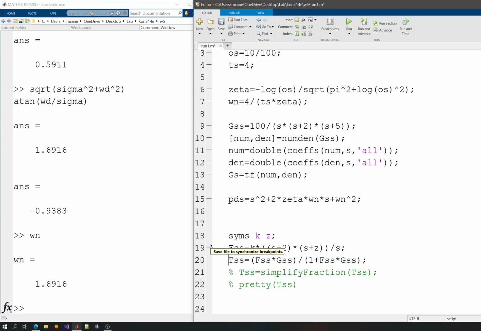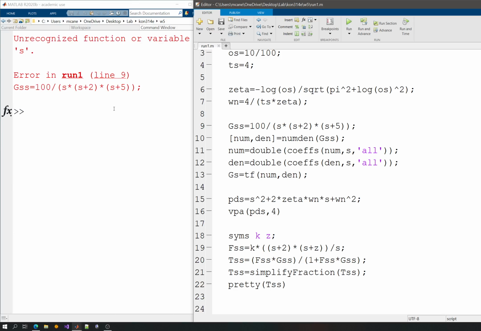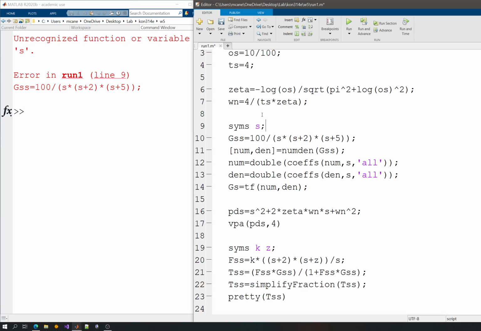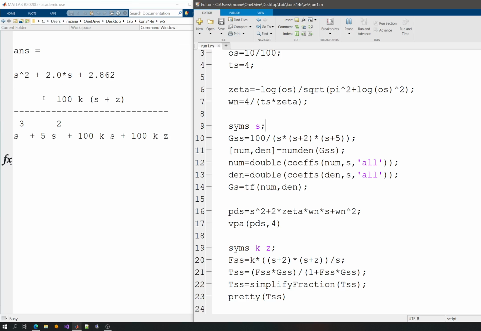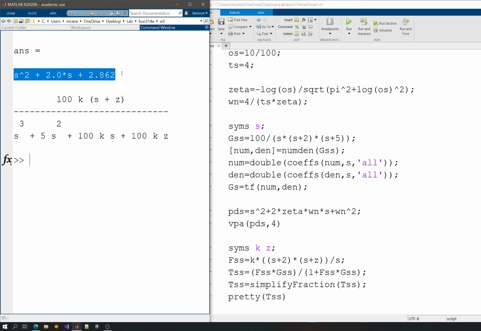That's not necessary anymore. So I have PDS and, let's say, the closed loop transfer function GTS. So, okay. I did delete the s somehow. Now you can see that this is my polynomial, and this is my system closed loop transfer function.